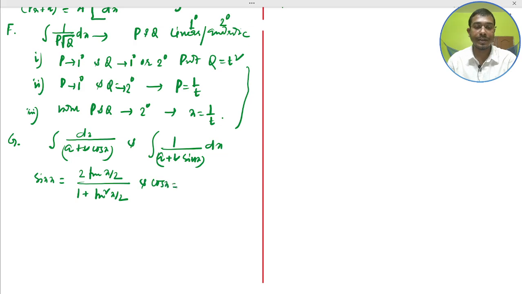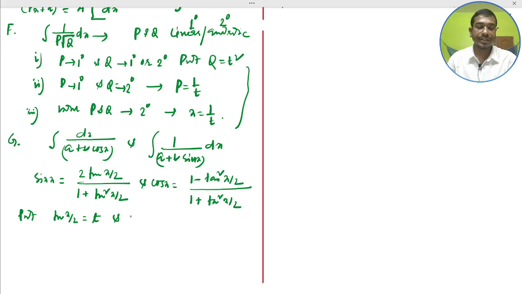And for the cosine, that would be 1 minus tan square x by 2 divided by 1 plus tan square x by 2. Now substitute, putting tan x by 2 equal to t.